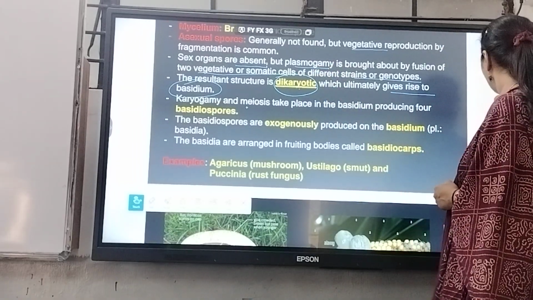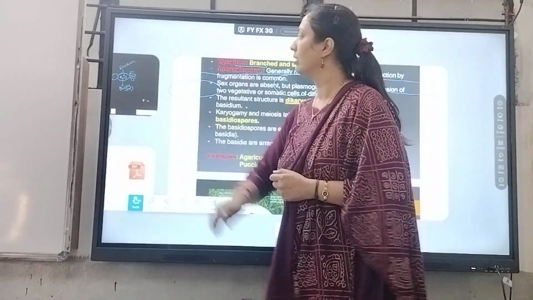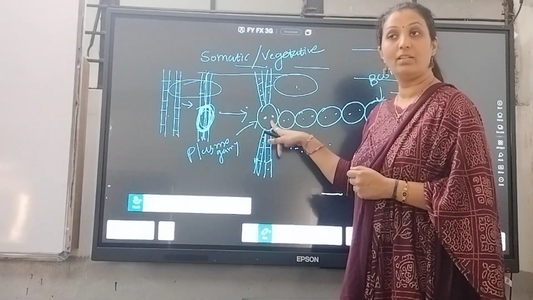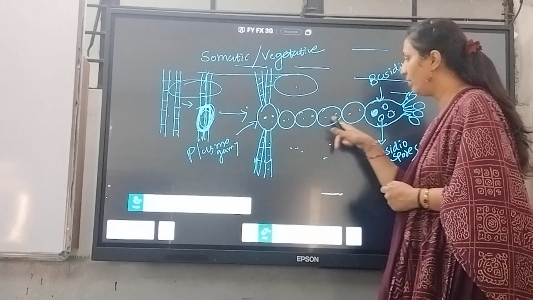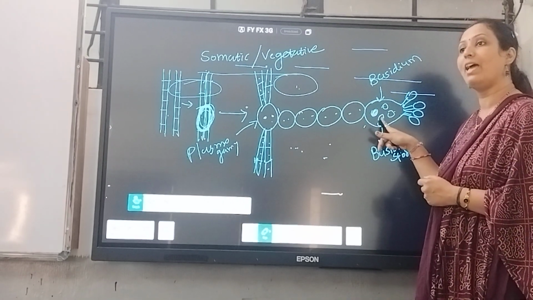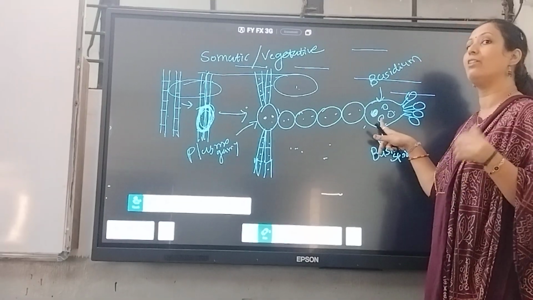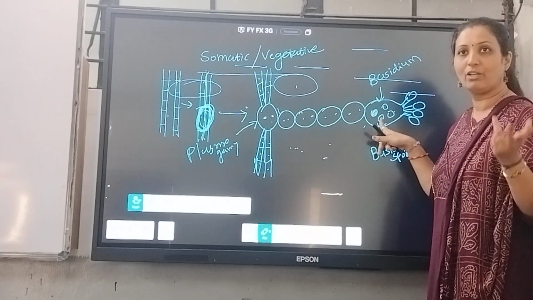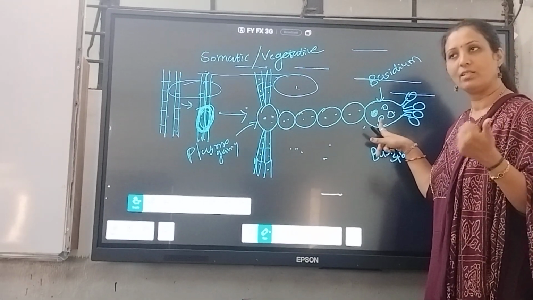See here, karyogamy in your dikaryotes. Then further filament formation. Then karyogamy in that basidium. After karyogamy comes meiosis, because karyogamy leads to zygote.